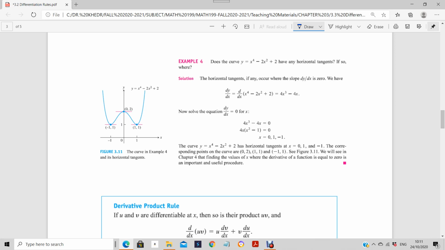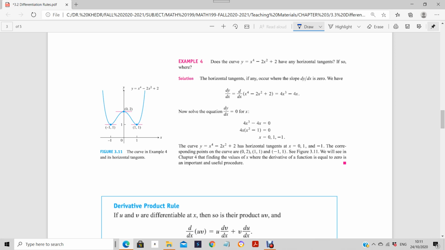You learned in the previous sections the relation between the derivative of the function and the slope of the tangent line to the curve of the function. And we said the derivative of the function equals the slope of the tangent line to the function. And we know also that the horizontal line has a slope of 0.